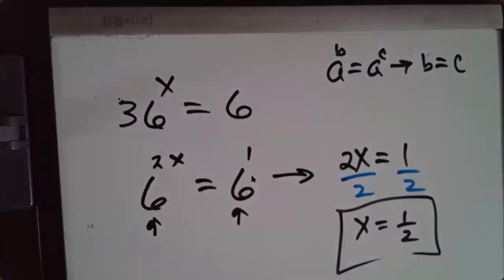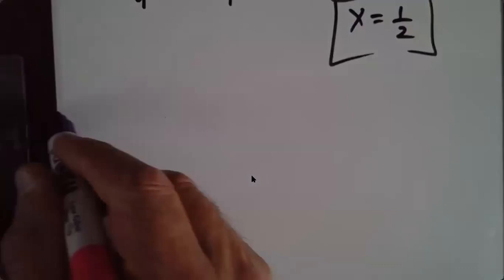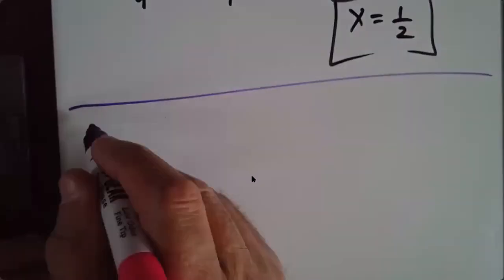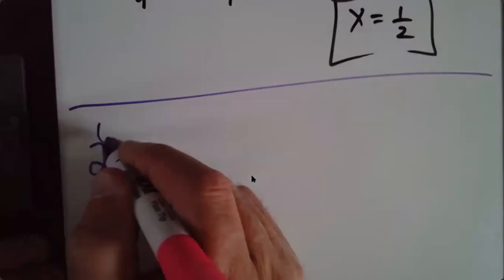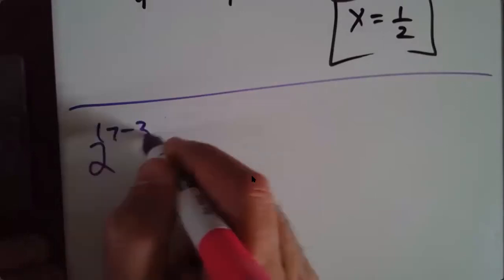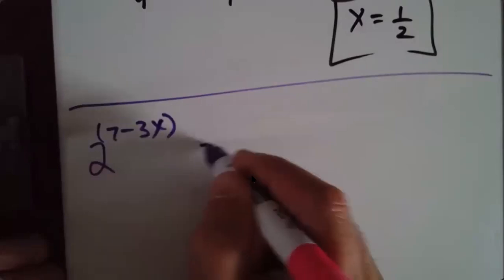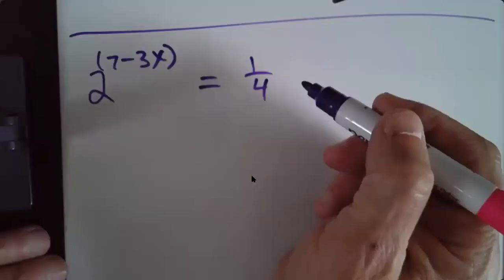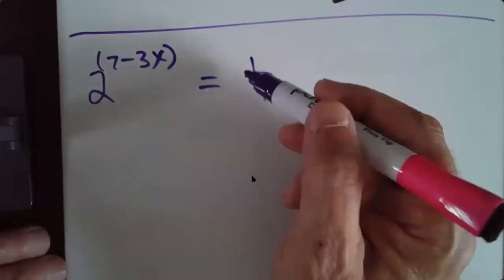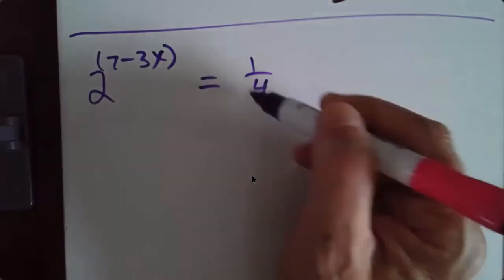All right, here's another one. Let's say that we have here 2, and then parentheses, we've got 7 minus 3x. Close that. Equals 1/4. Okay, so we said before that if we have a fraction, we want to change that to a negative exponent.